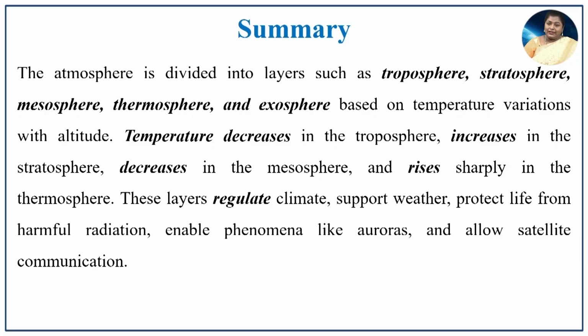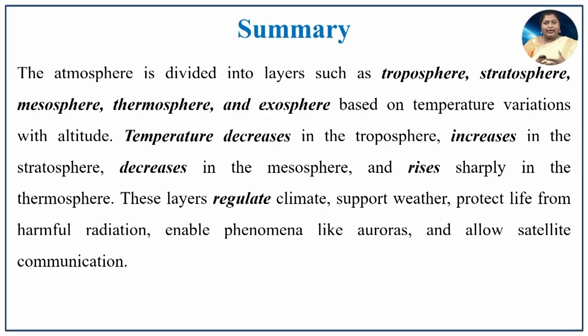So, the overall summary of this entire lecture is that the atmosphere is divided into 5 major layers based on temperature variation: troposphere, stratosphere, mesosphere, thermosphere and exosphere. The temperature decreases in the troposphere, increases in the stratosphere, decreases in the mesosphere and rises in the thermosphere.